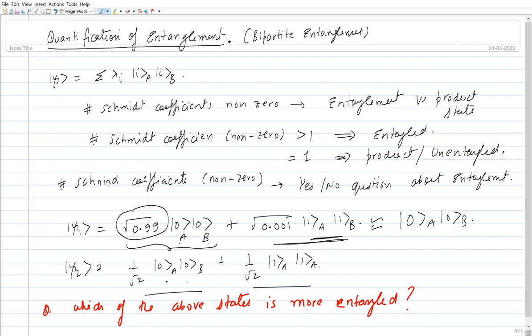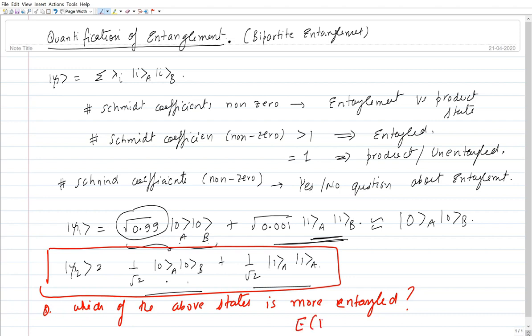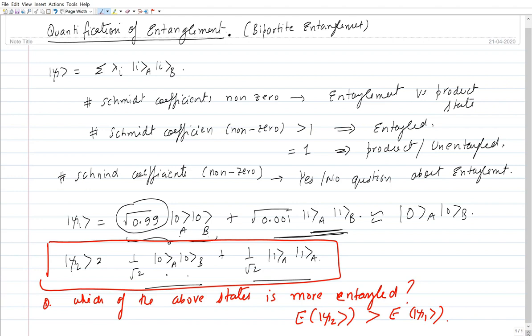How do we capture this notion, our intuition, that indeed the entanglement of psi2 is greater than the entanglement of psi1? So it's a really simple problem, and essentially the Shannon entropy captures this. All I need to do is to calculate the entanglement entropy of the Schmidt coefficients.